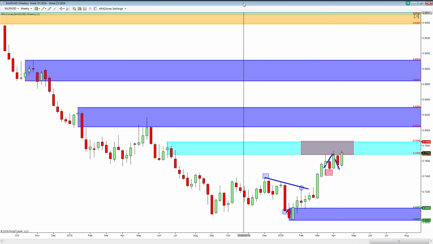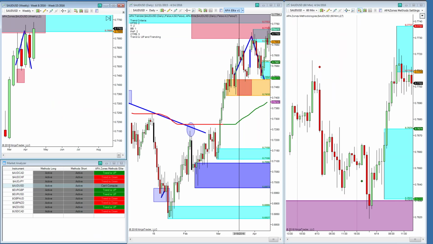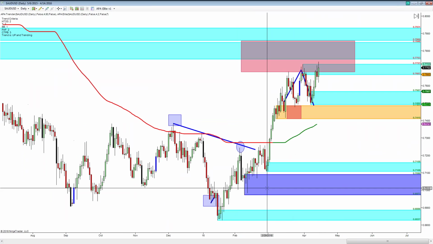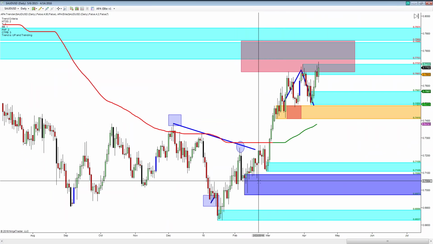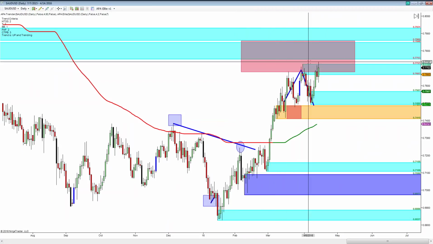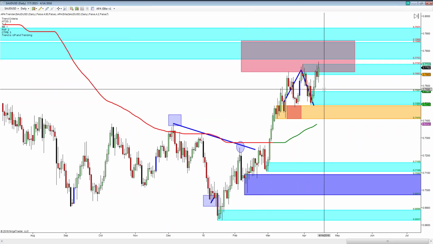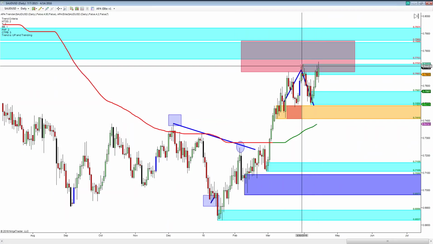So let's go to the daily. And here on the daily, you see the trend's in play, uptrend. All demand levels pretty much being respected. We even just made a higher high here. Obviously this level's going to get taken out.